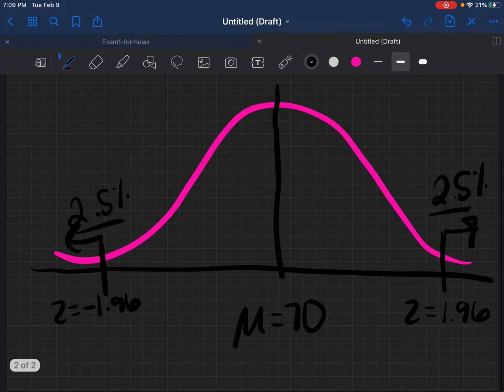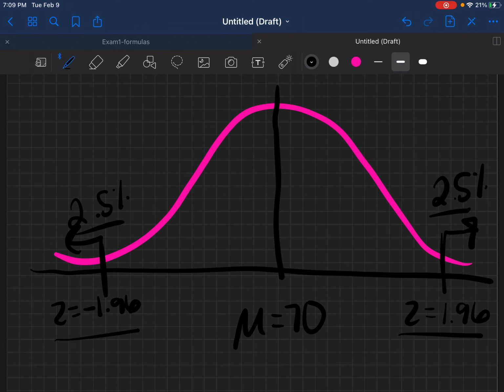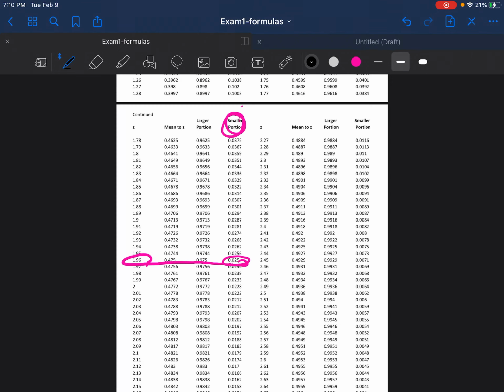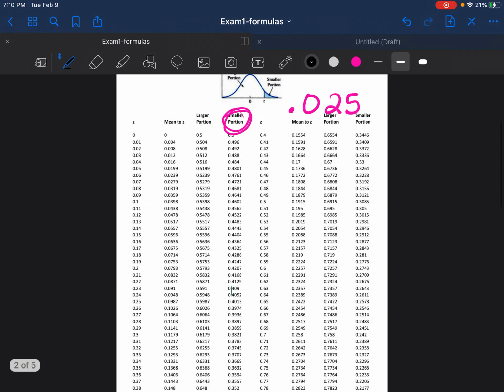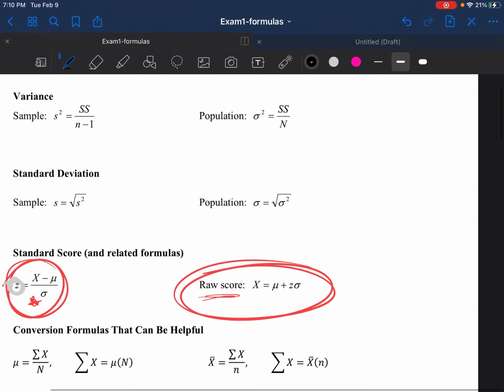Now what I'm going to do is convert these to a raw score. We were given the z-score, well, I guess we found the z-score, and the question's asking for a raw score, it's asking for the age, so we're going to convert from a z-score to a raw score. Thankfully we have that on our formula sheet over here.